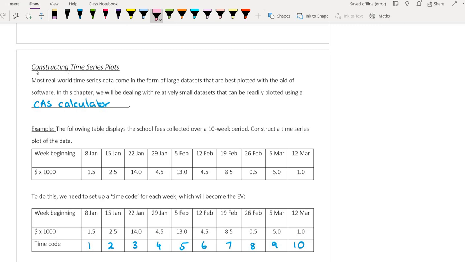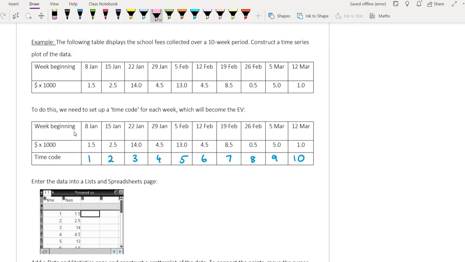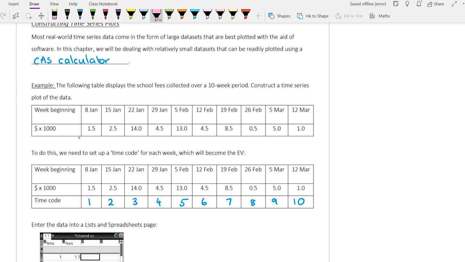The last thing I want to bring your attention to is constructing time series plots using your CAS calculator. So if you're given data like this, these are very easy to type into your CAS, they're just numbers. However, your time will be given something like this.